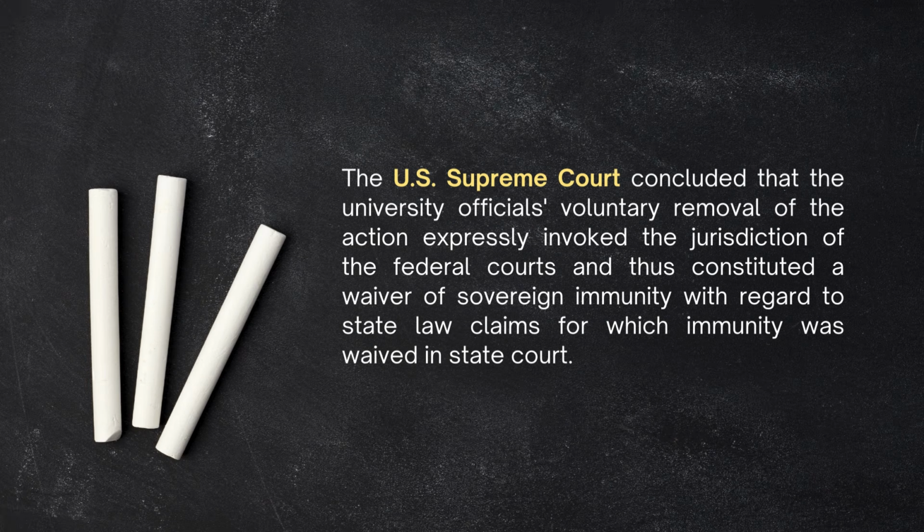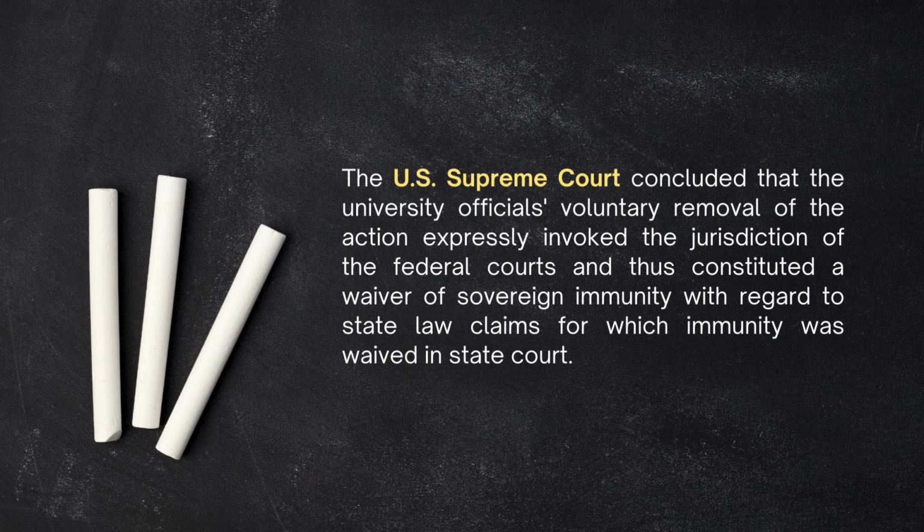The United States Supreme Court concluded that the university officials' voluntary removal of the action expressly invoked the jurisdiction of the federal court and thus constituted a waiver of sovereign immunity with regard to state law claims for which immunity was waived in state court.